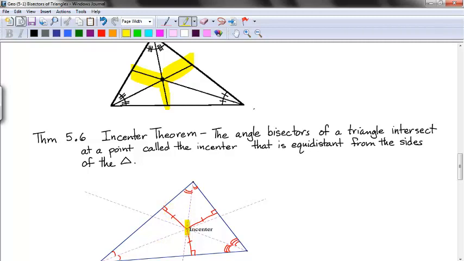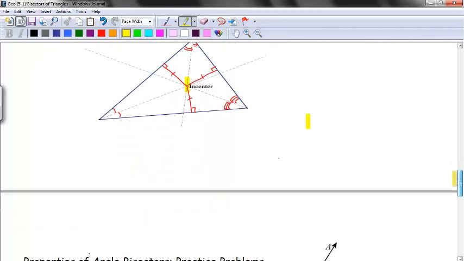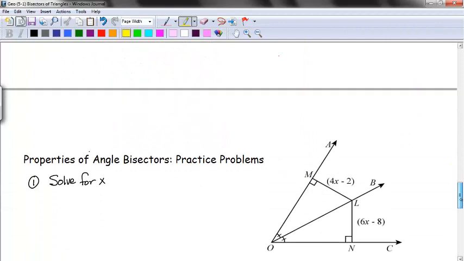If you take the perpendicular distance from the center to this side, make sure that's shown on your picture and make sure it's a right angle. This is a perpendicular, and this one's a perpendicular, because when you do the distance, it's perpendiculars. Now, those three are equal.